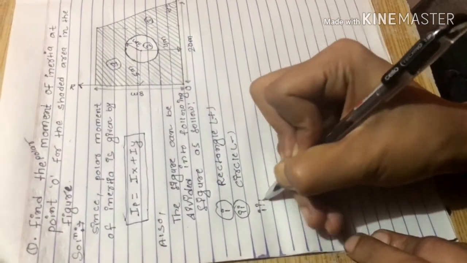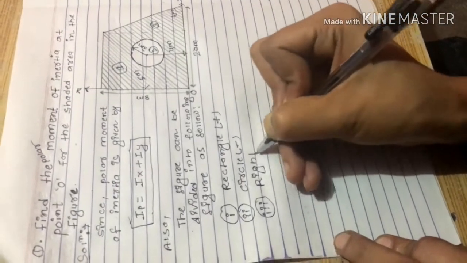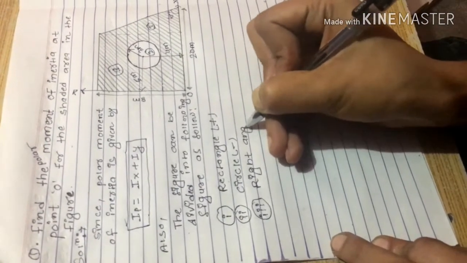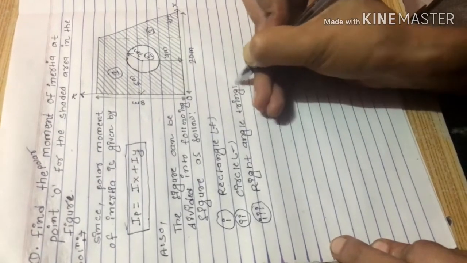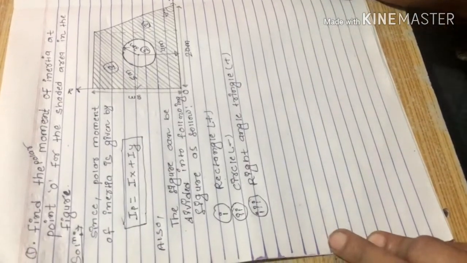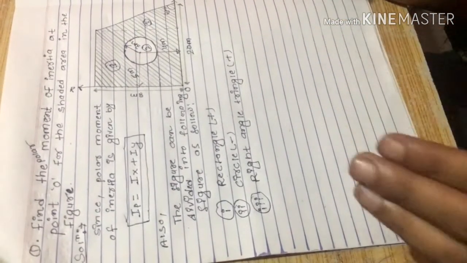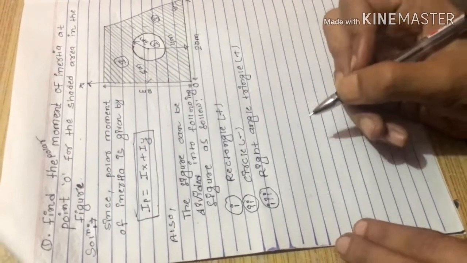Third is right angle triangle, that is positive.